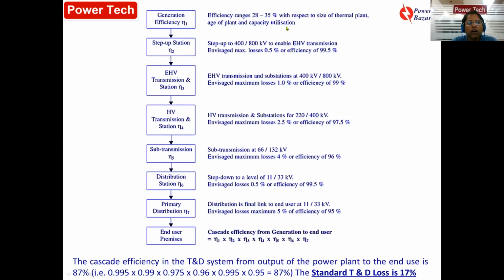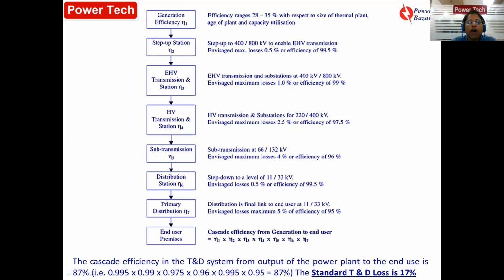You multiply all these: 0.95, 0.995, 0.99, 0.975, 0.96, 0.995, 0.95. It becomes 87%. That means it does not consider the generator efficiency. In that case you have to multiply by 0.28 or 0.35. This cascading efficiency from generator to end user takes care of N1, but this is the cascading efficiency of the T&D system, so it takes care of only N2 to N7.